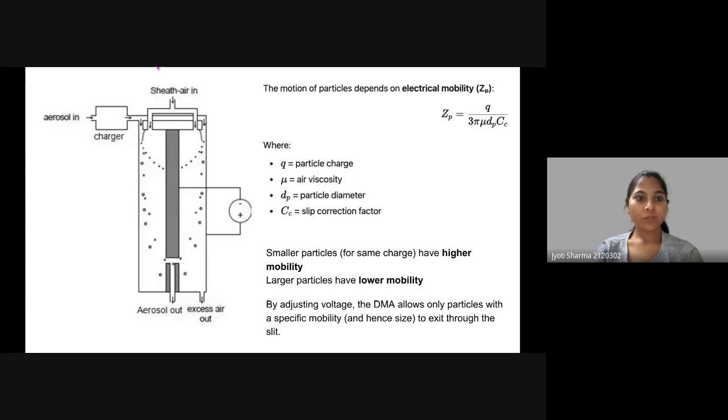I think I have one picture here. What you are seeing is the motion of particles, and the motion depends on electrical mobility. A smaller particle, even if it has the same charge, will have higher mobility, and a larger particle will have lower mobility. So it is segregating the particulate matter based on size. So this is another technique or instrument that we can use, the DMA.